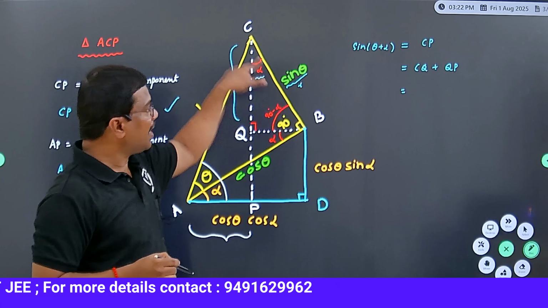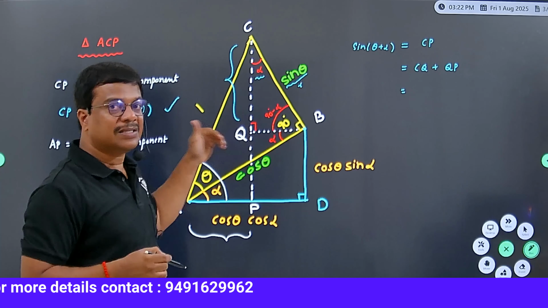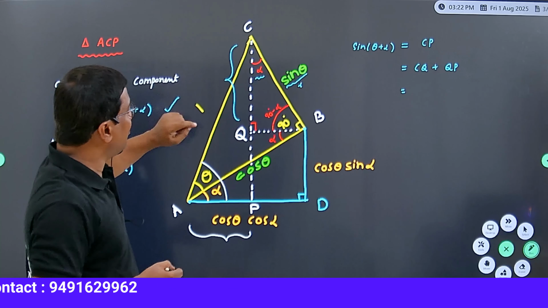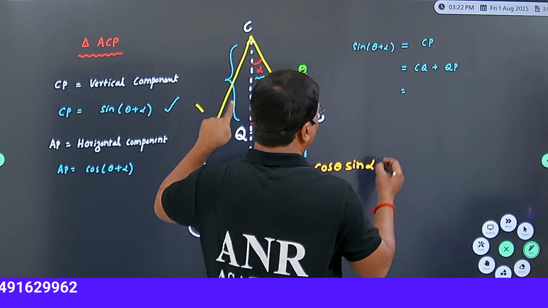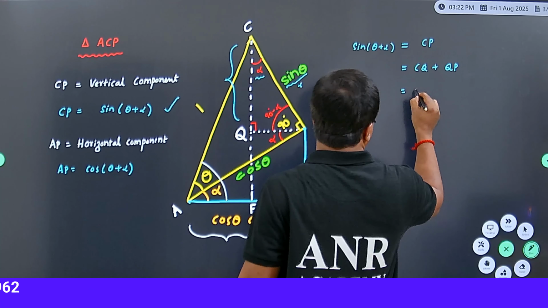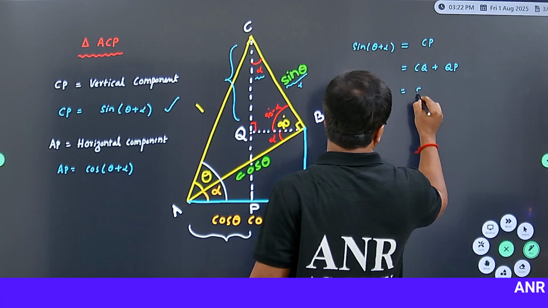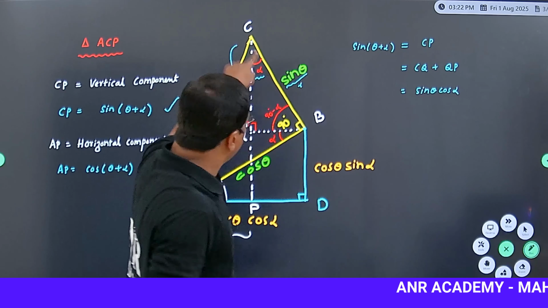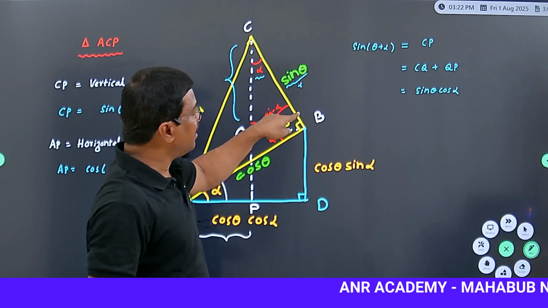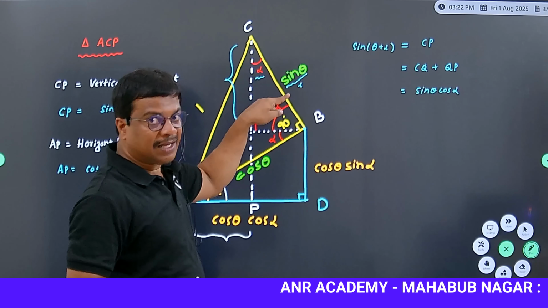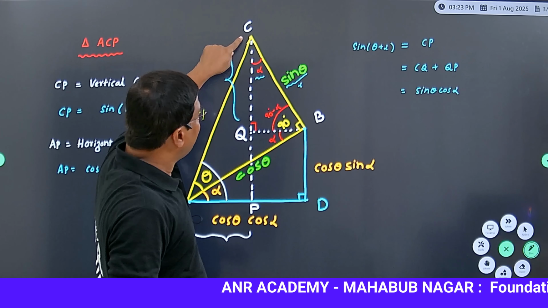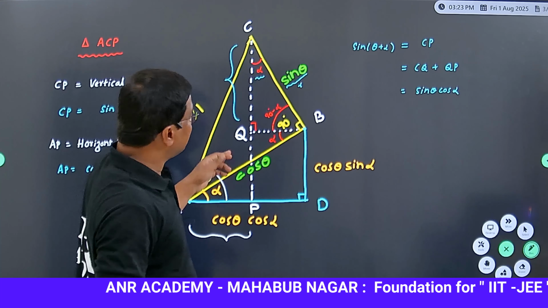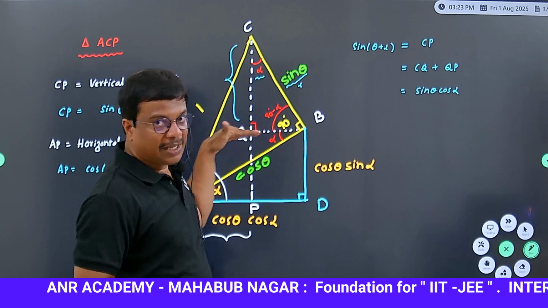From this right angle triangle, the base is horizontal, so it is the horizontal component CQ, radius into cosine of the angle, that is sin theta into cos alpha. In this triangle, the radius is sin theta, the hypotenuse length R, and the horizontal component is cos alpha.